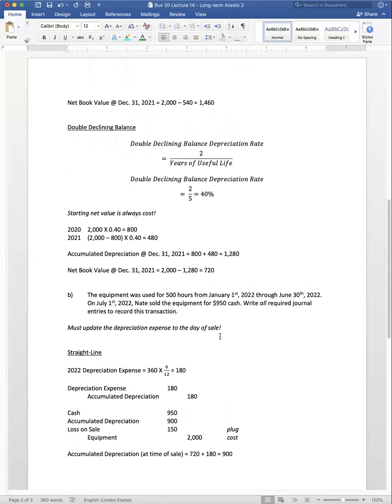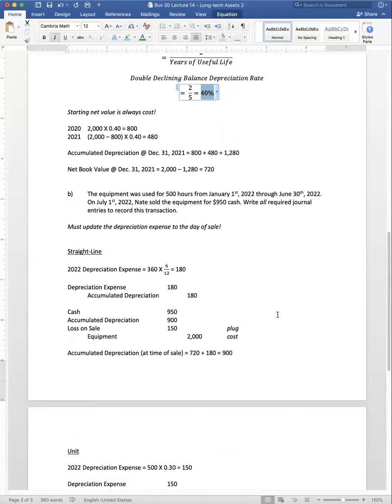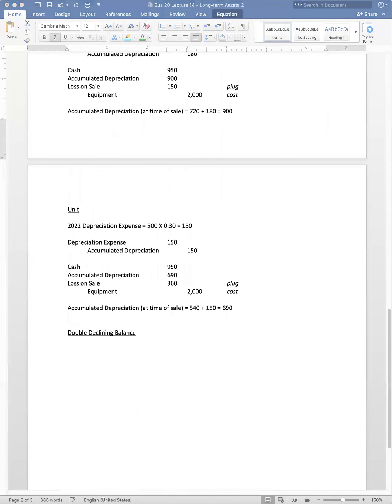So back in part A, when we did this before, we already calculated the net value at the beginning of the third year. So it's going to be 720 is our net value, and then we'll multiply by our 40% rate. So our depreciation expense is going to be the 720 times 40%.